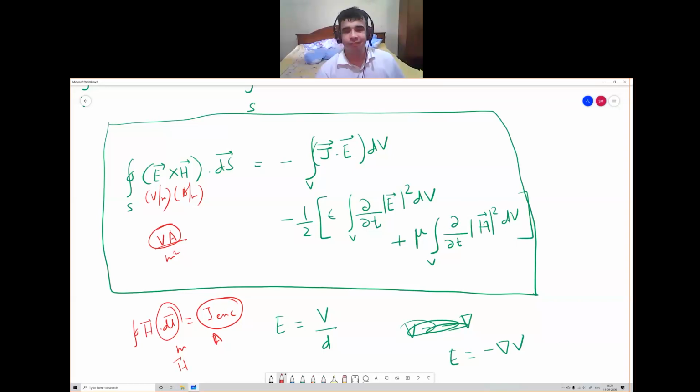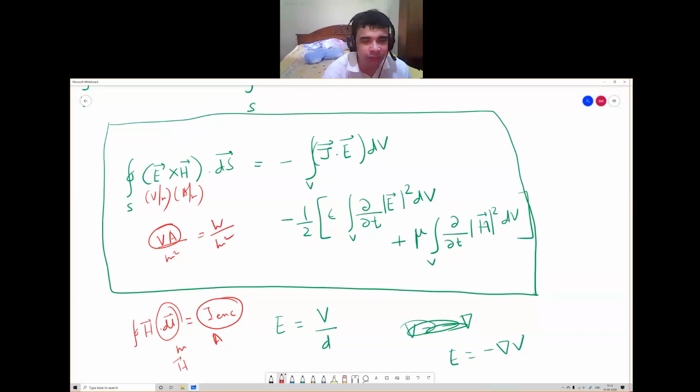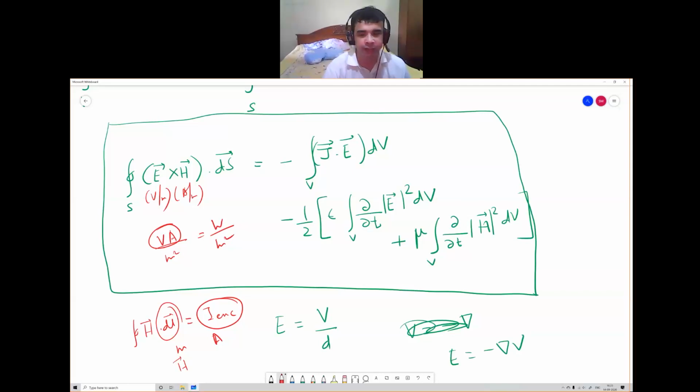VA rating? Don't go that complicated. Volts into amperes, what is the basic unit? If I multiply 1 volt into 1 ampere, what do we get? 1 watt. Watts. So this is watts per meter square. Okay. And I am doing this integral over a closed surface. So what will be the total units of the entire left hand side?